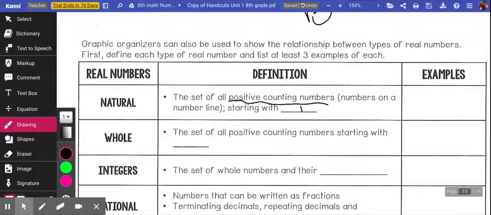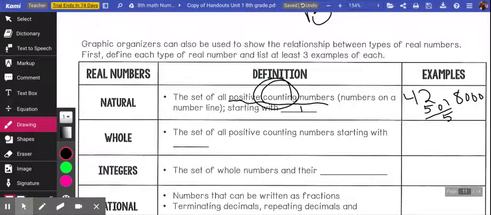And counting, like this is how you would teach a kid to count. So you have 42. You could have 8,000. You could also have a fraction, as long as when you divide it, it's still a positive counting number.